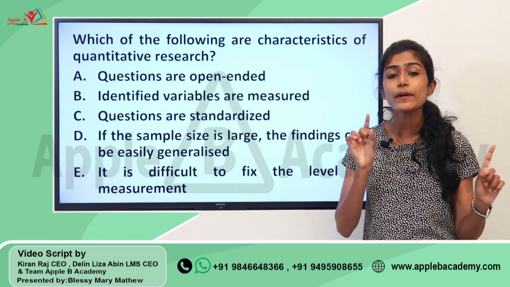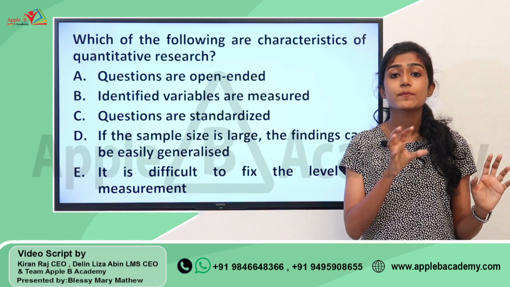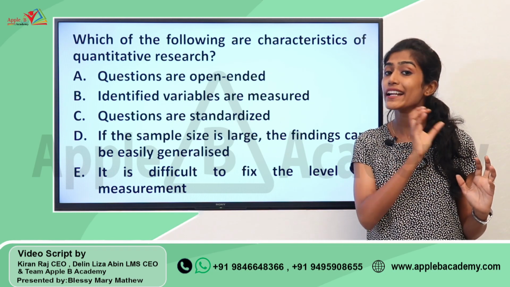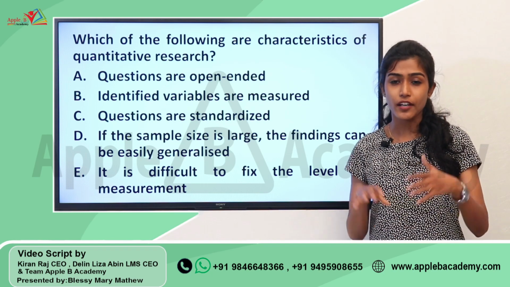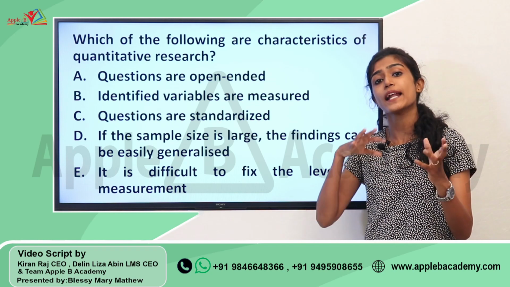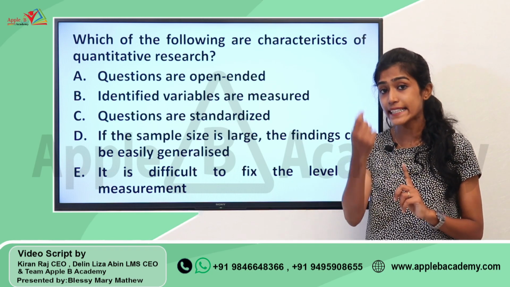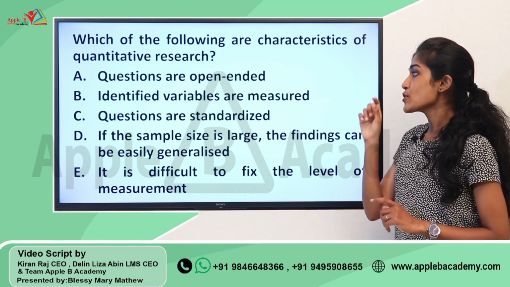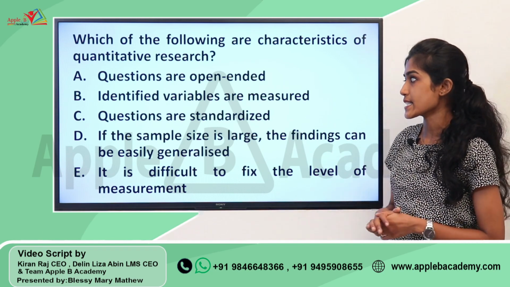How income is influencing a person's rate of consumption, or how this person is consuming things based on his or her income. If you are making a study about this topic, you have two variables, income as well as rate of consumption, and we are identifying these variables first and foremost, and then we will be measuring them as well. That is what we are doing in quantitative research. So option B can be taken as an answer for this question.